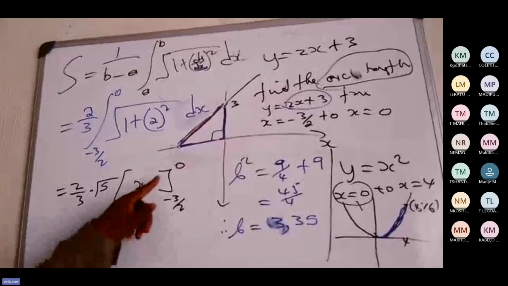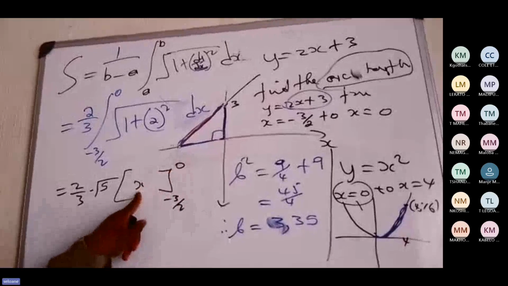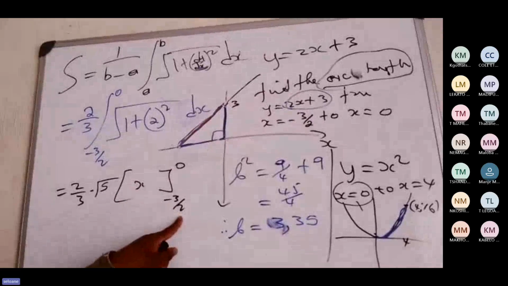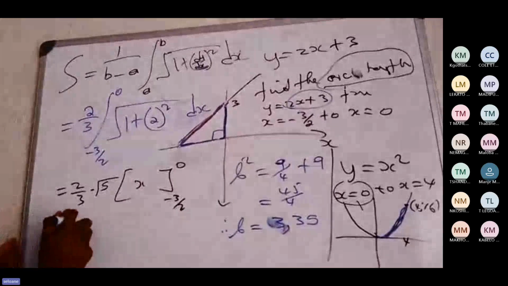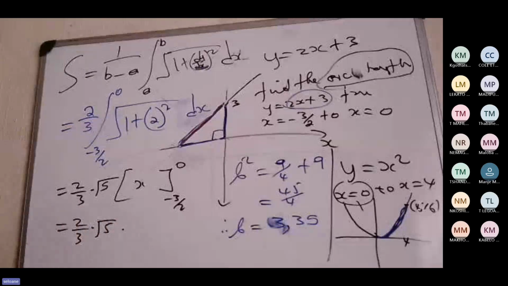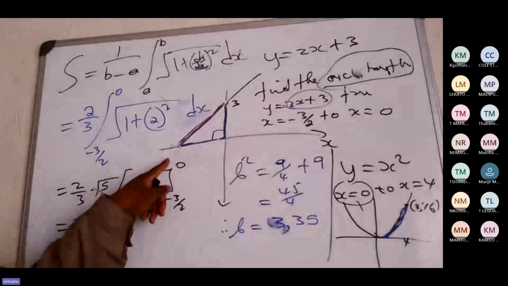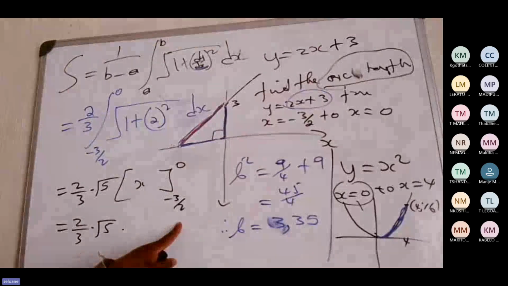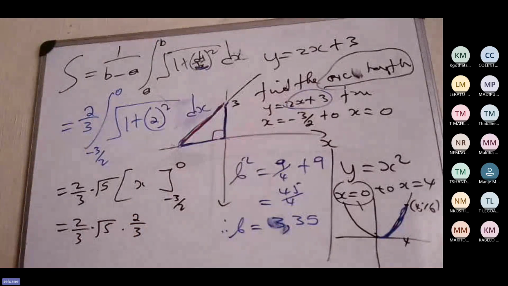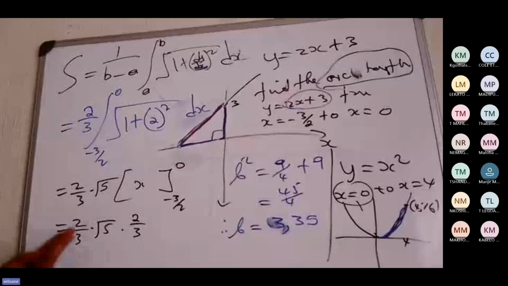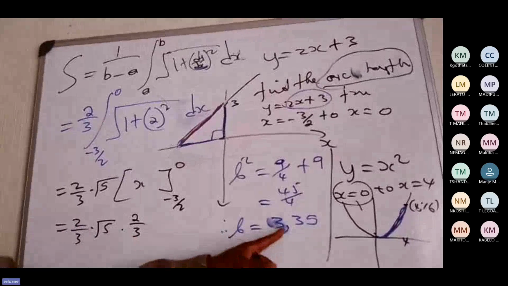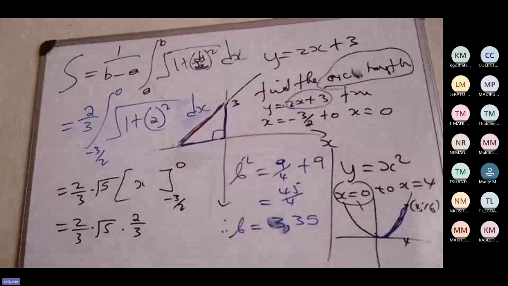Then you replace x by 0. Therefore it will be 0 minus negative this. At the end, it will be 2 over 3 times the square root of 5 times what? Because it will be 0 minus this, which is 2 over 3. And then from there, you can check whether indeed this is equal to this.